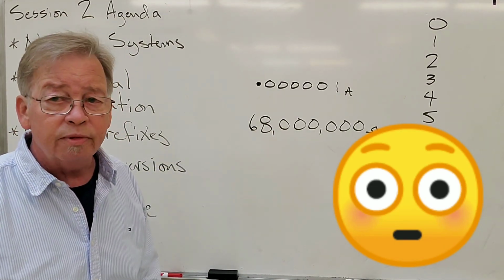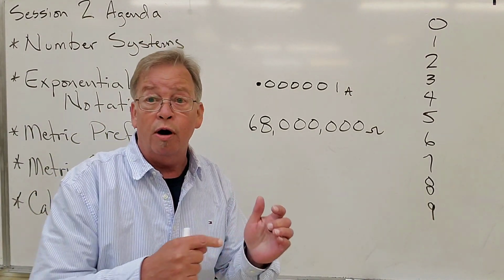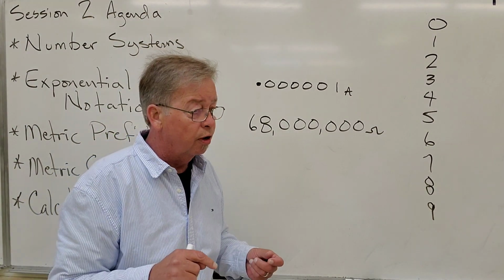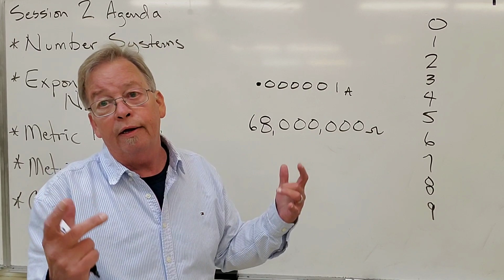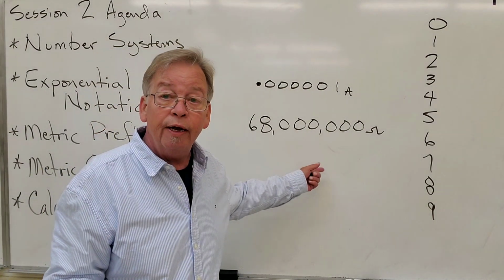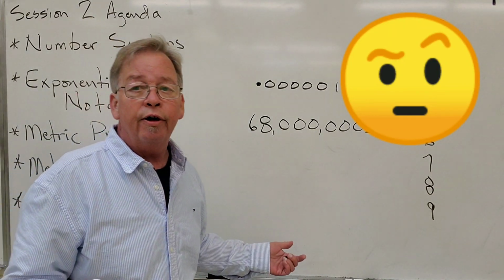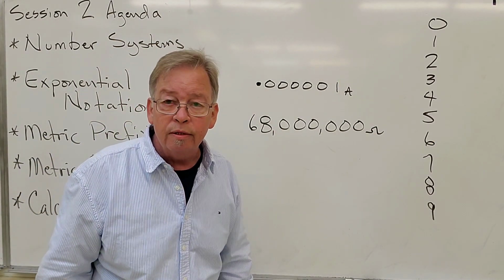Those zeros are mistakes waiting to happen, folks. I thought I entered in all those zeros, or I hit the button and it didn't enter in. So you can see the potential of having incorrect calculations just because you're entering in all those zeros. We need to get rid of the zeros.